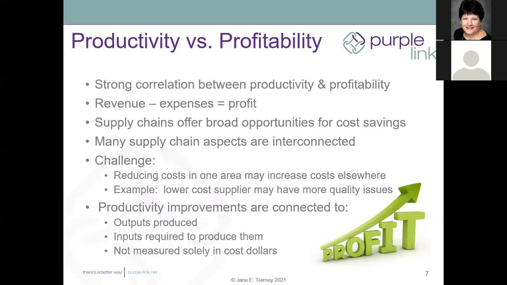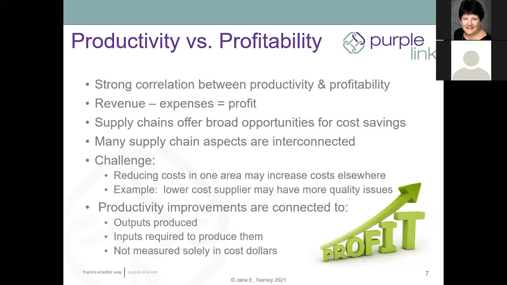So with the same workforce, you can make more things to sell and also increase your revenue, which will allow you to increase that delta between revenue minus expenses and increase your profitability. Or you can make the same amount of a product with fewer people and make those people available to do another product or do something else that will also make money for the company.